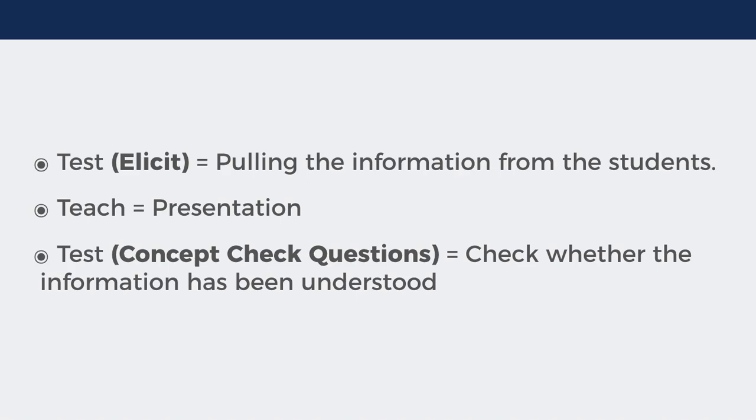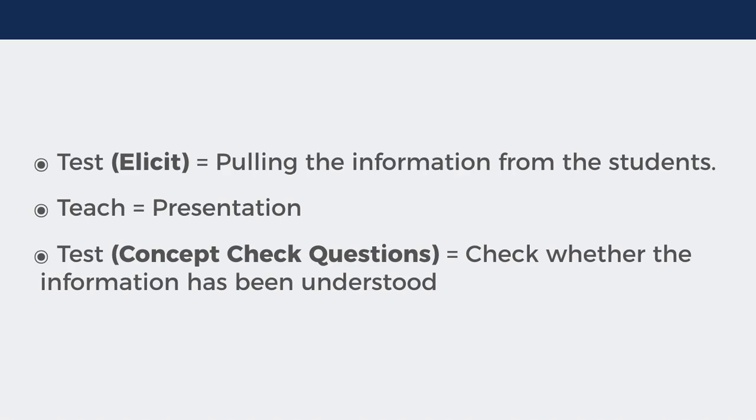So you elicit the information, then you present the information, so you teach it, and then you can test it again. Essentially they're both asking questions: eliciting, or concept check questions. The idea of eliciting is to ask questions rather than explain.